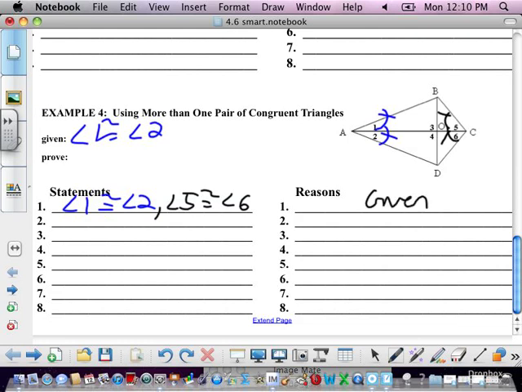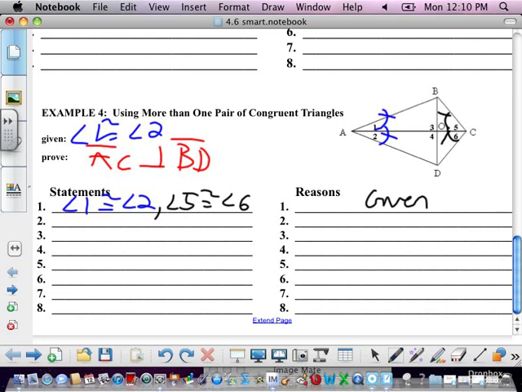This is given. Okay. We are trying to get to AC is perpendicular to BD. All right? So, we're going to have to prove 2 sets of triangles are congruent to each other. And then we can get there.